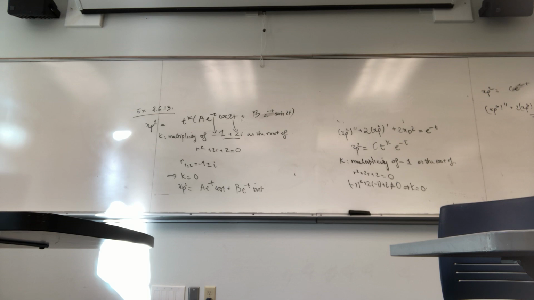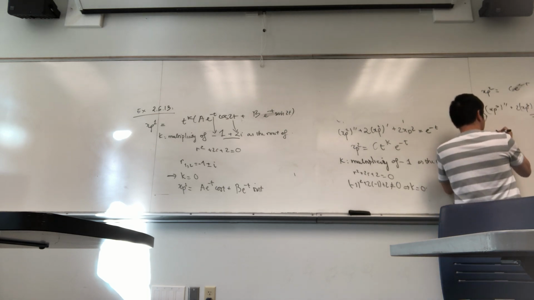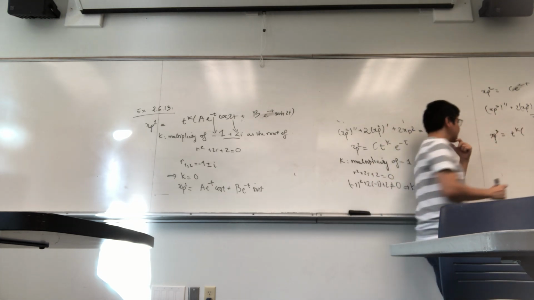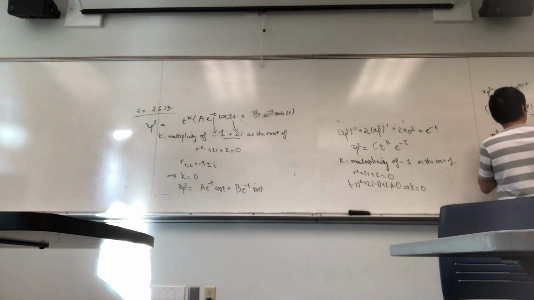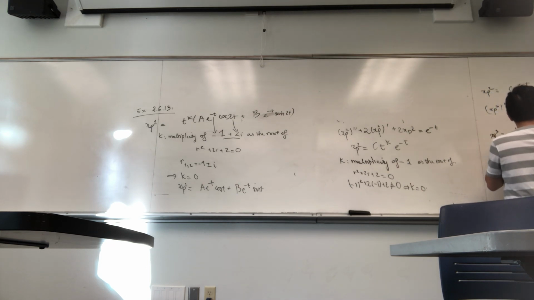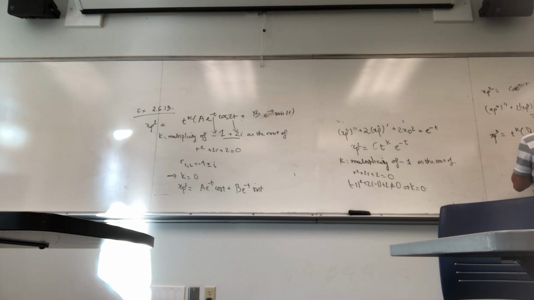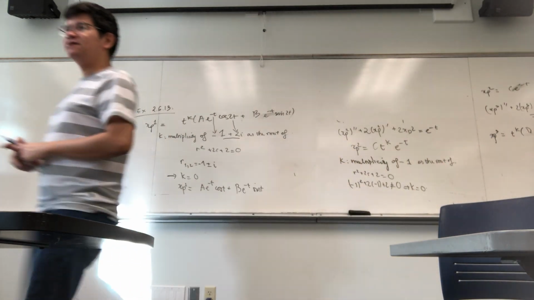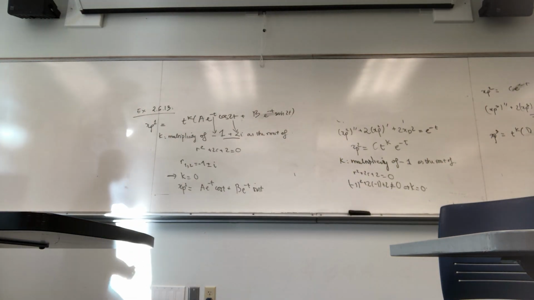T to the k times, we could call our constants d times cosine t plus e times sine t. So you're going to have d cosine of t plus e sine of t. Right? So what is the value for k?